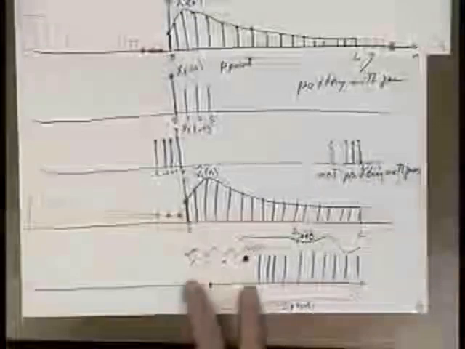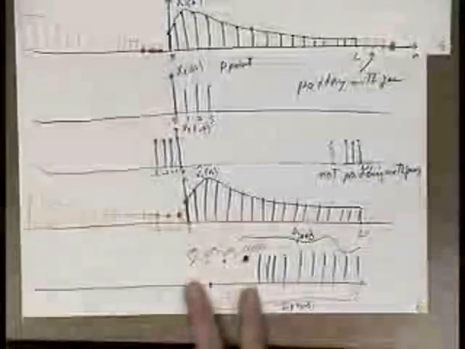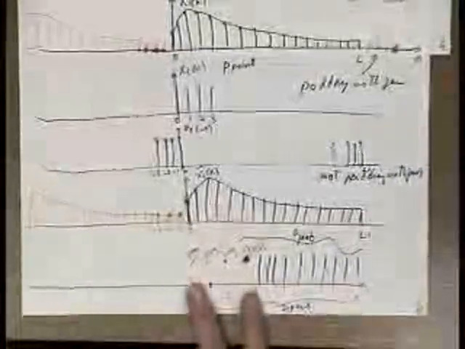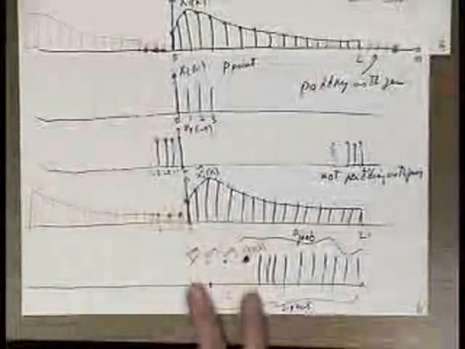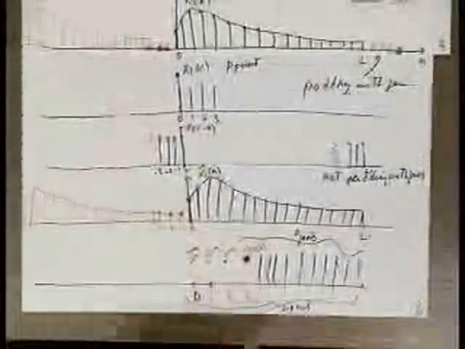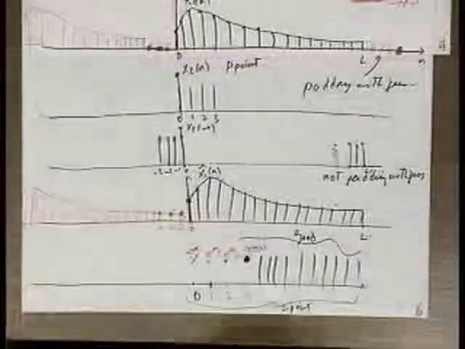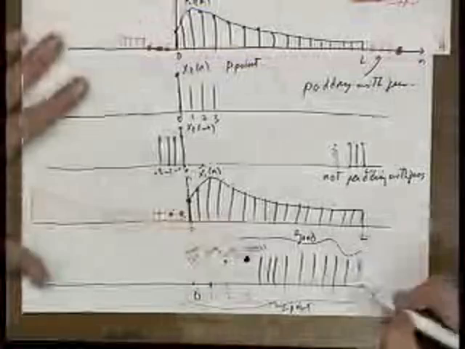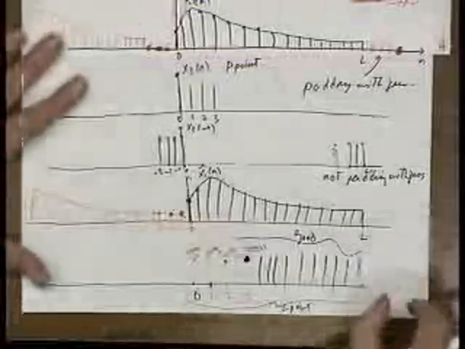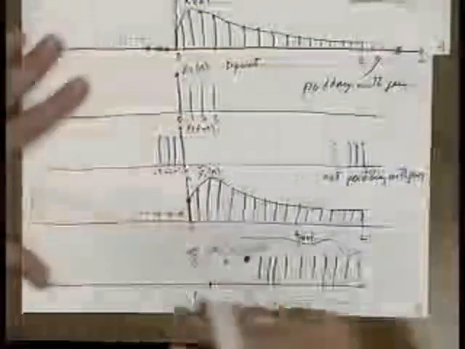Then the answer is always wrong in the first P minus 1 points. So what can you do to overcome the fact that the first P minus 1 points are wrong? What you can do is overlap the segments so that the first P minus 1 points here, for example, are computed in the previous one rather than the next one. So what do I mean by that? So here is the idea behind overlap save.